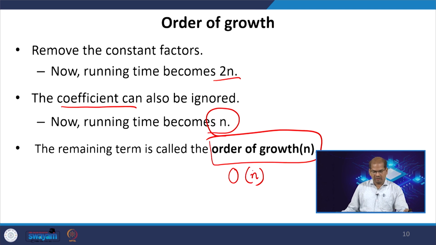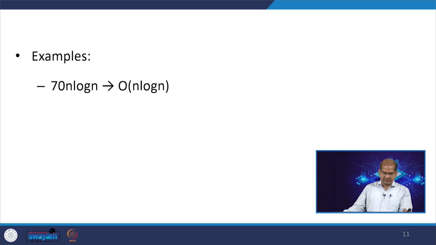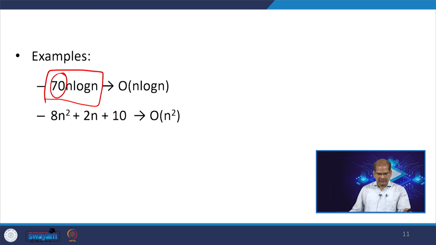Let us take some more examples. Let us say I have an algorithm which takes 70 n log n, which we can express as order of n log n, where we are dropping the coefficient 70. Similarly, here 8 n square plus 2 n plus 10.